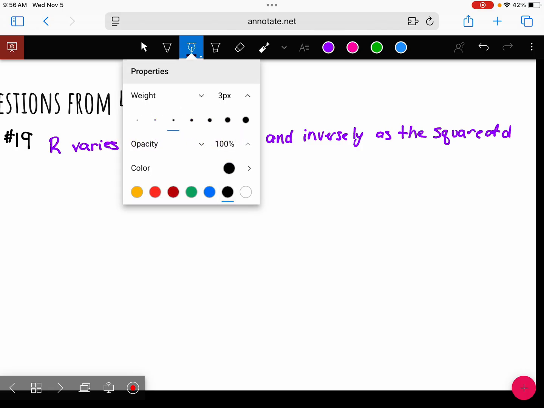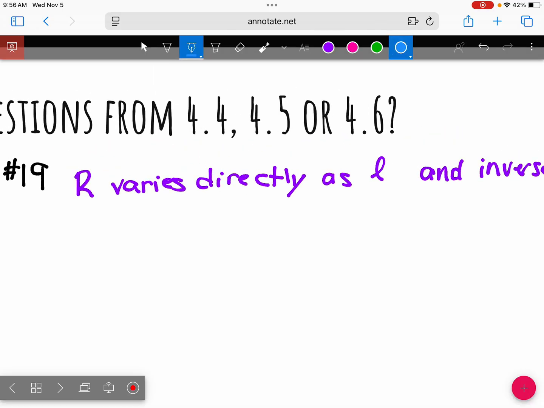So if we know that R varies, that means R is kind of our boss. So we're going to have an R equals. So we've got directly as L. What are we going to do with direct with L?